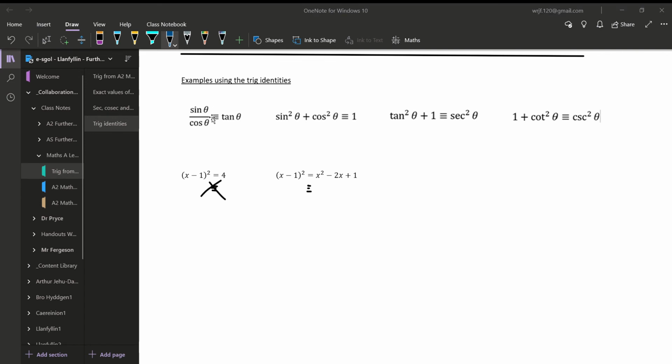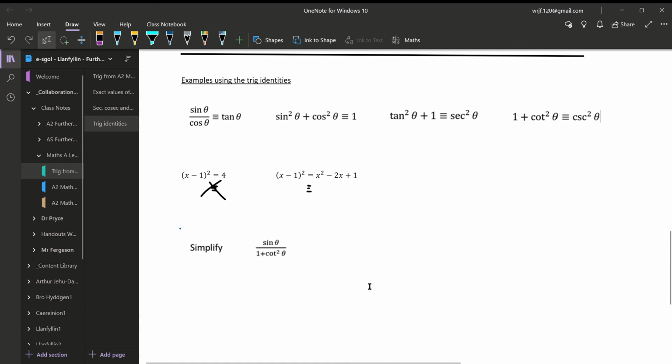So here's my first one. A little bit bigger so we can see it.